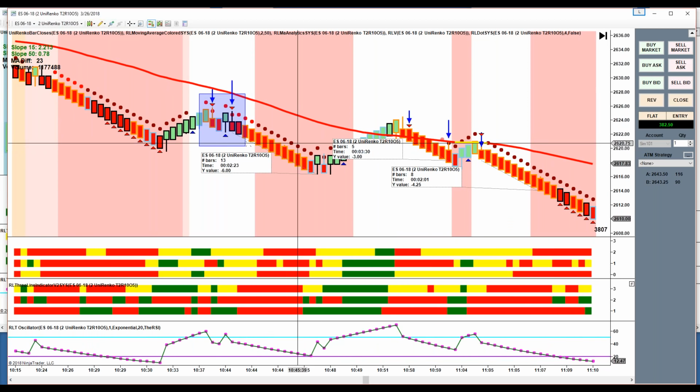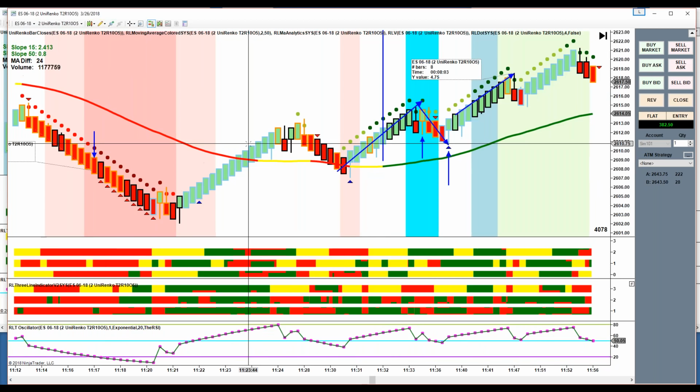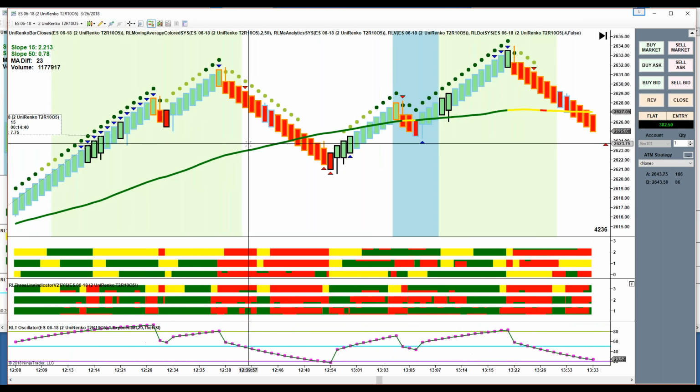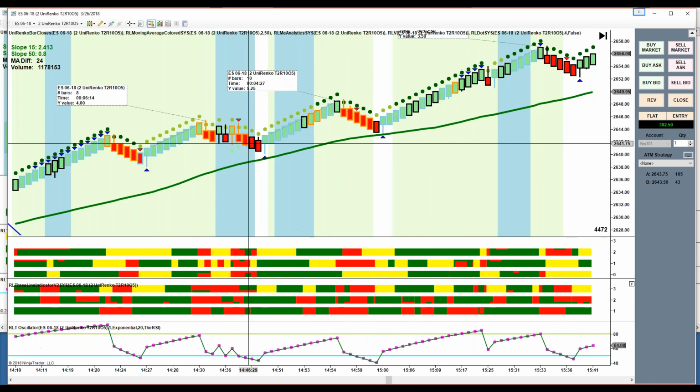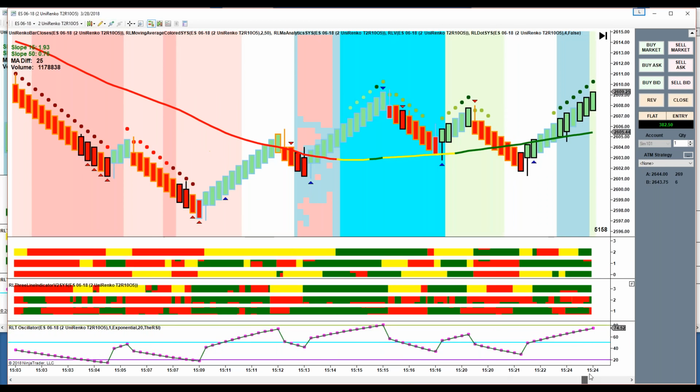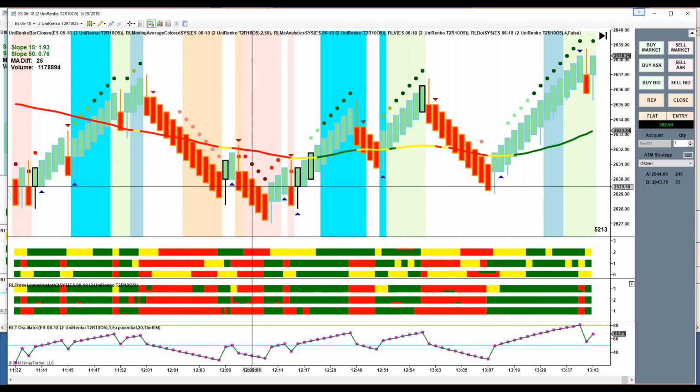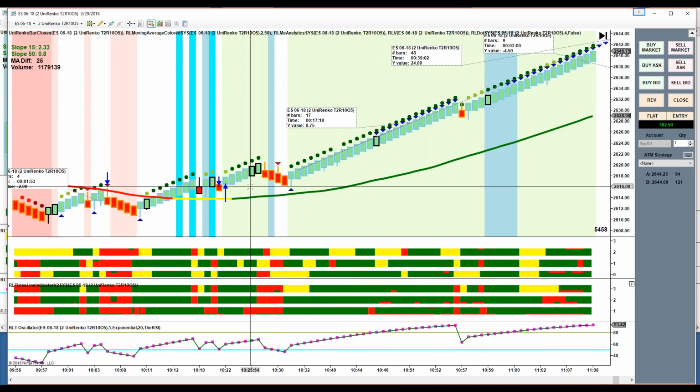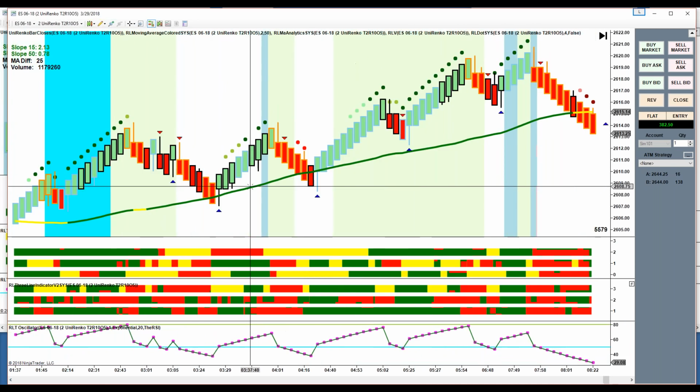So let's go to the last trade. The last setup is the toughest, and you don't have to take these trades at all. I just want you to know that. The pure counter trend trade is up to you.